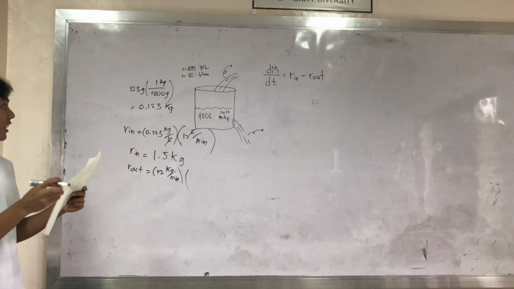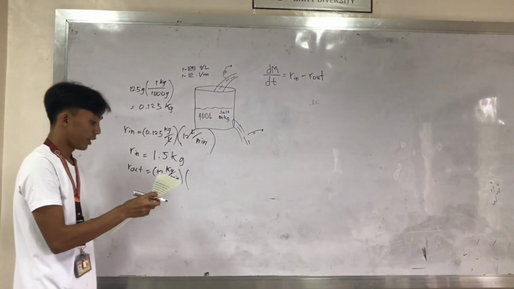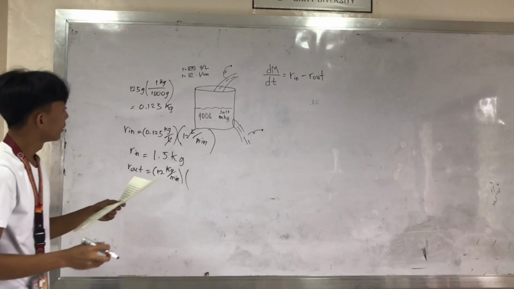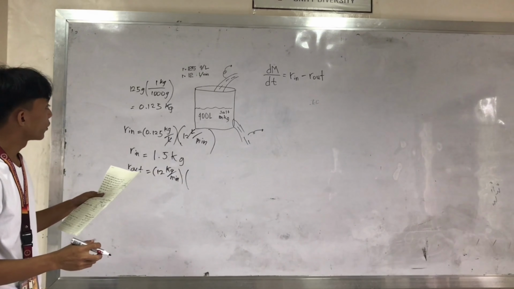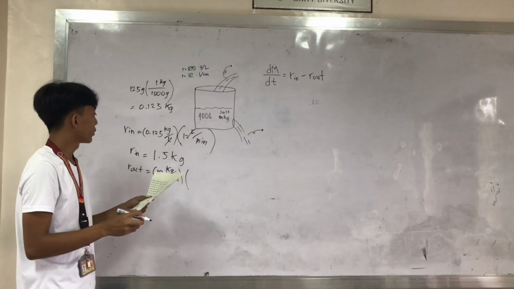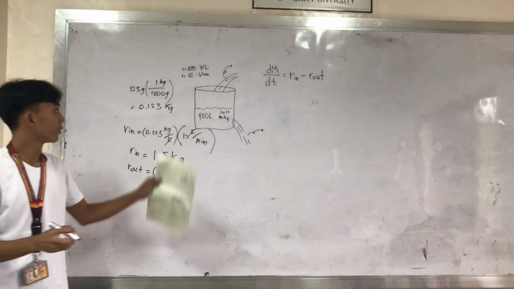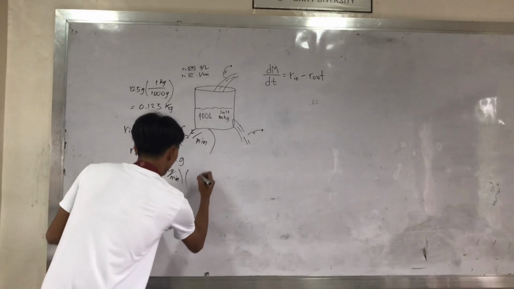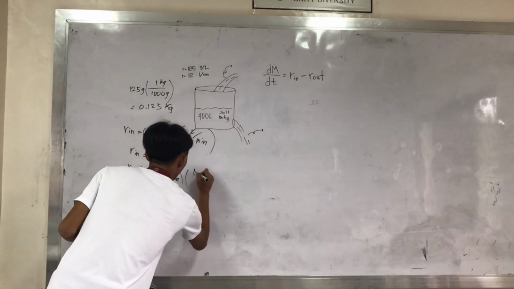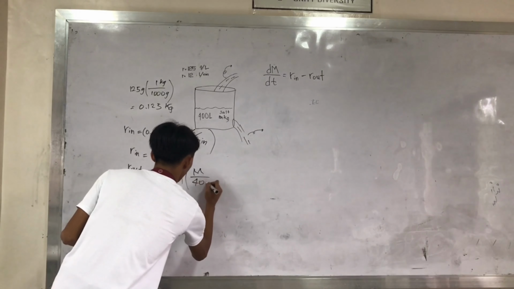And the tank already has 400 liters of solution. But we don't know the amount of salt, because it is changing over time, so we use M over 400.